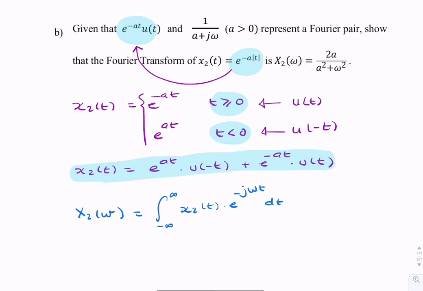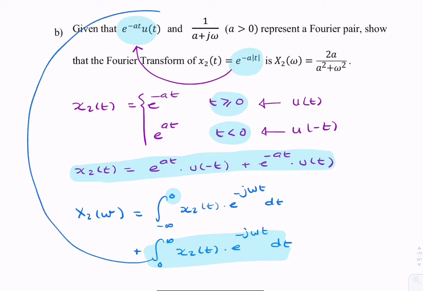We can say it's the integral from minus infinity to 0 plus another from 0 to infinity. Now this second bit we don't need to worry about. That is exactly the same as the Fourier pair that we're given in the question.